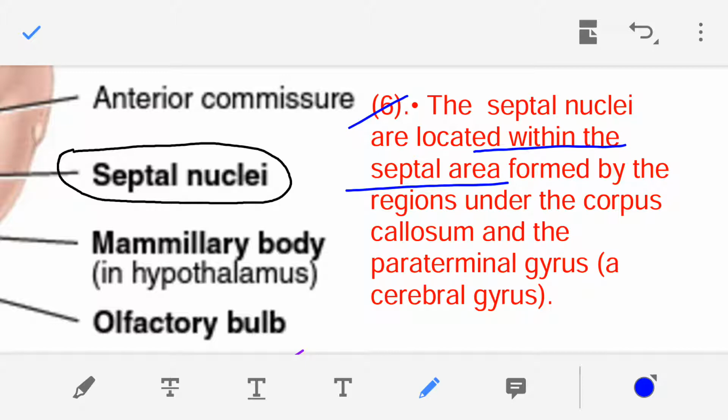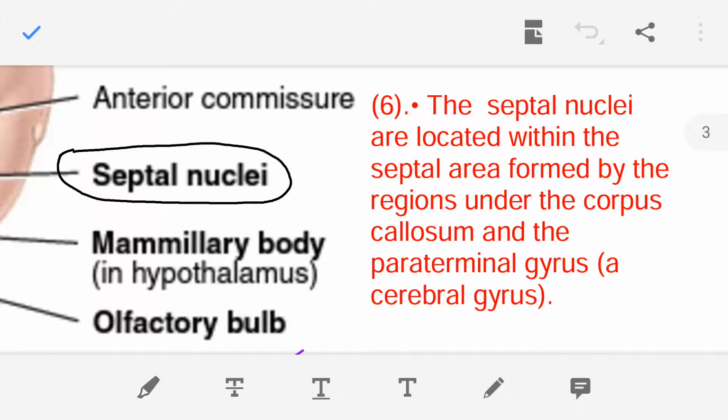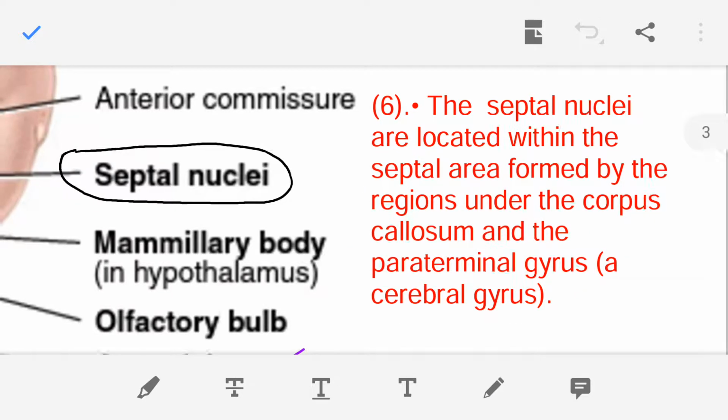It is present in the septal area, formed by the regions under the corpus callosum and the paraterminal gyrus, a cerebral gyrus.